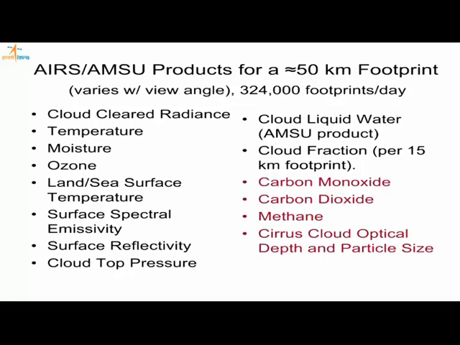We get temperature profile, moisture profile, ozone profile, land and sea surface temperature, surface spectral emissivity, surface reflectivity, as well as cloud top pressure, cloud liquid water, and cloud fraction. Besides these, we also get trace gas concentrations, carbon monoxide, carbon dioxide, methane, and cirrus cloud optical depth and particle size. These are research products from AIRS, and the others are operational products.